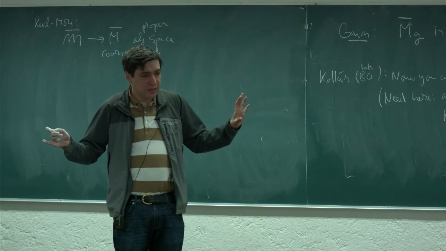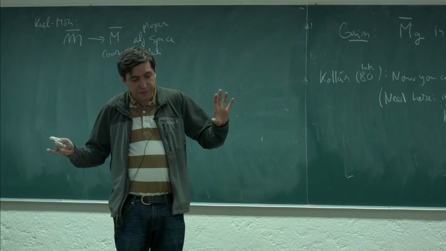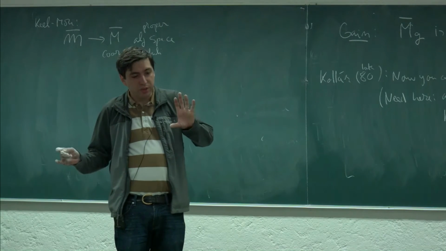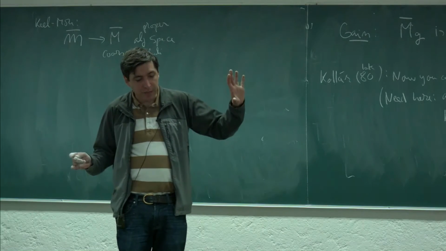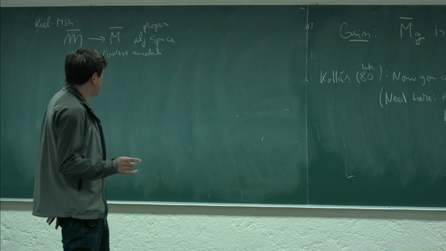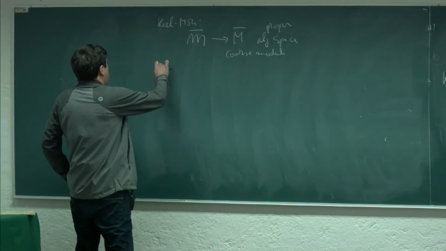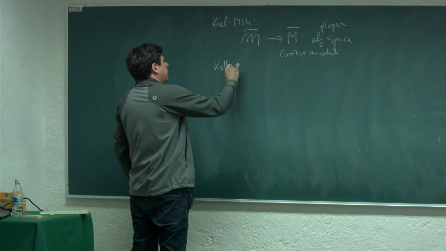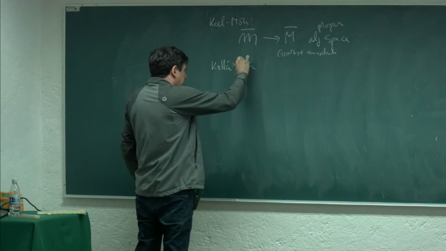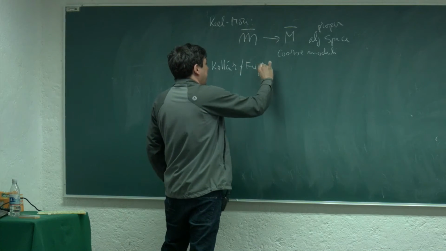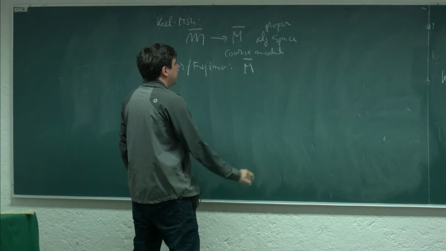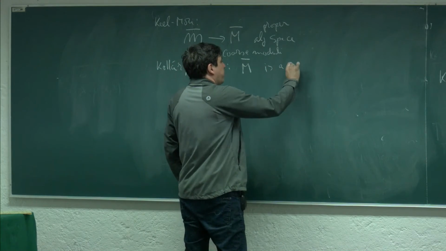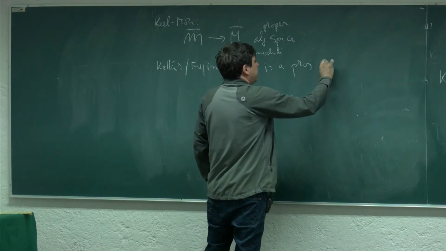So the first theorem is that you can always associate something that's an algebraic space if you start with a Deligne-Mumford stack, not necessarily smooth. And then Kollár and Fujino, they're not the same paper, actually proved that M bar is a projective variety.